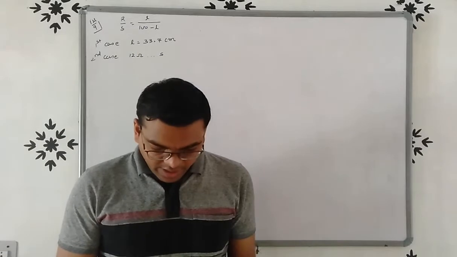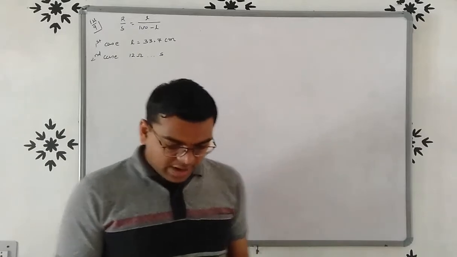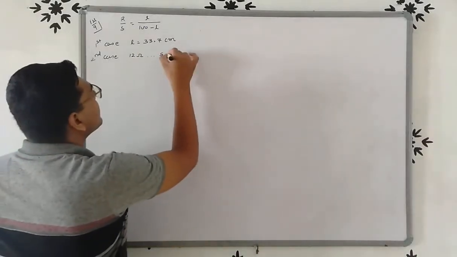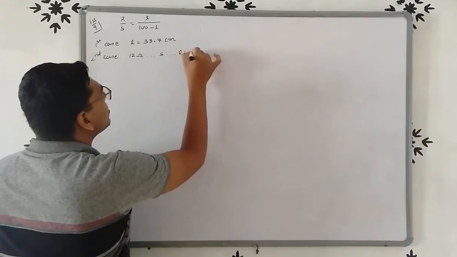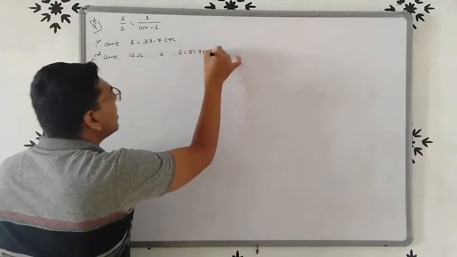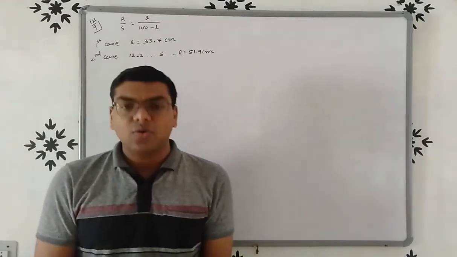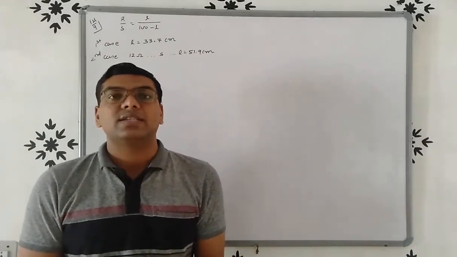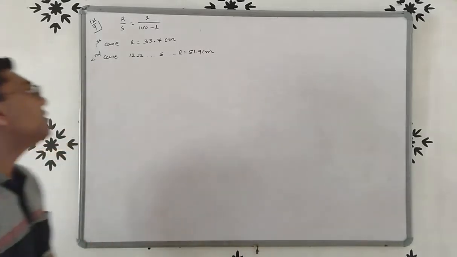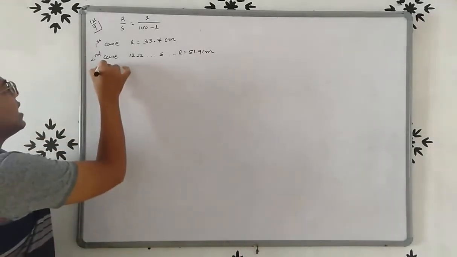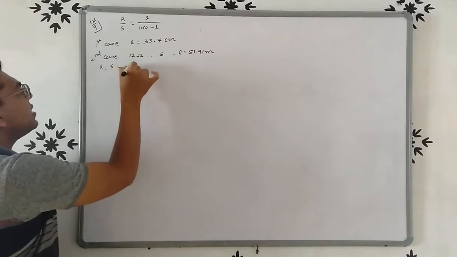Then the null point occurs at 51.9 cm. So in this case, the null point L is equal to 51.9 centimeter. So we have to determine the value of R and S, right?